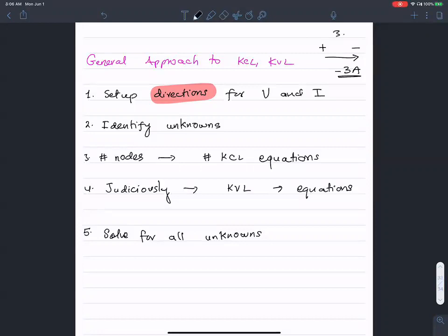A current of 3 amperes flowing in one direction is exactly equivalent to a negative current flowing in the opposite direction. So as long as we set up a particular direction and are consistent with it, the process leads us to the solution.